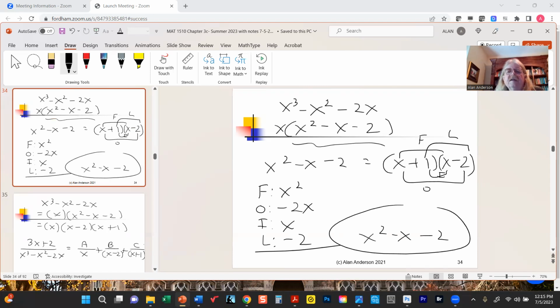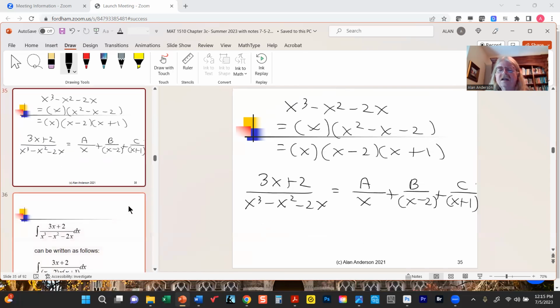Okay, so that means that this expression can be rewritten as x, x plus 1, and x minus 2. That's what we need to do the method of partial fractions, because we're going to create 3 fractions with these terms. Okay, so you can see we did this in the next slide.